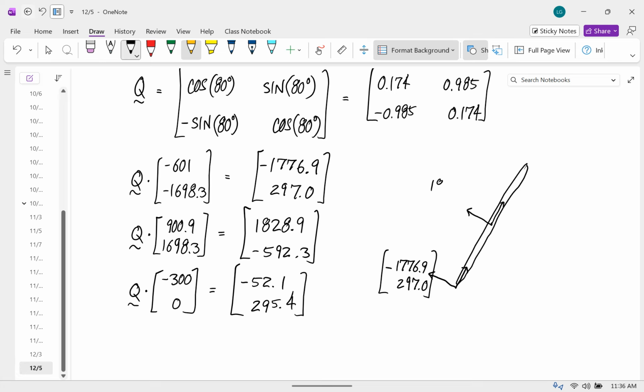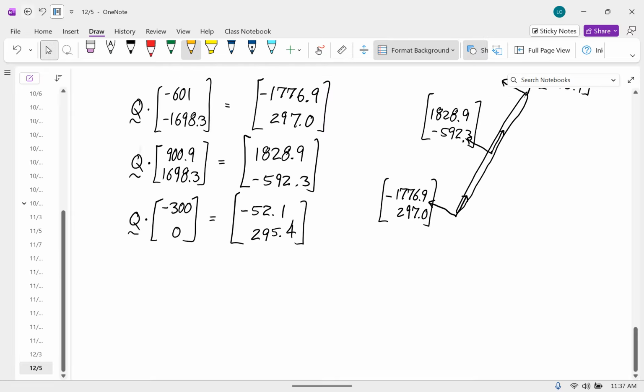This one is 1828.9, negative 592.3. And this one is negative 52.1, 295.4.